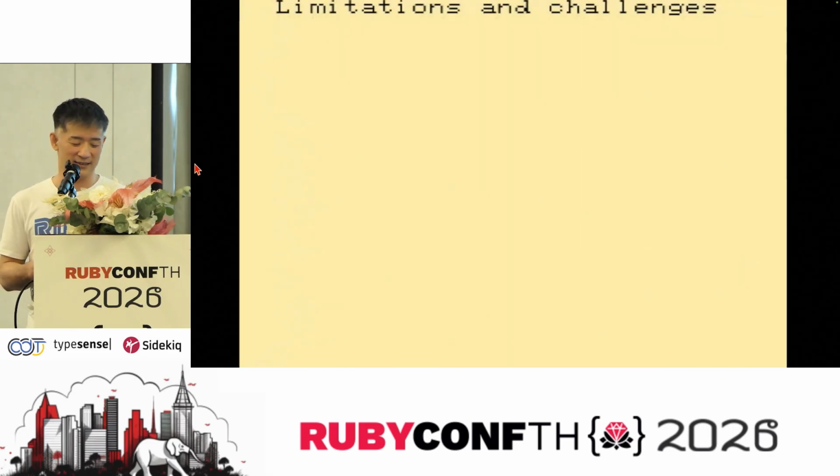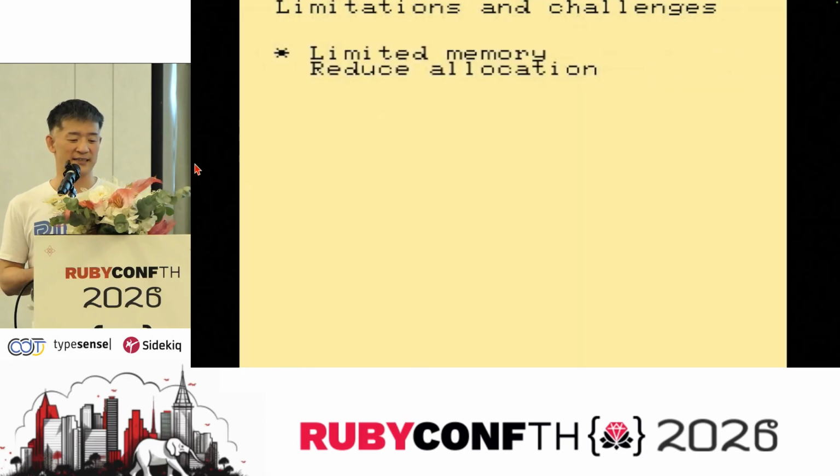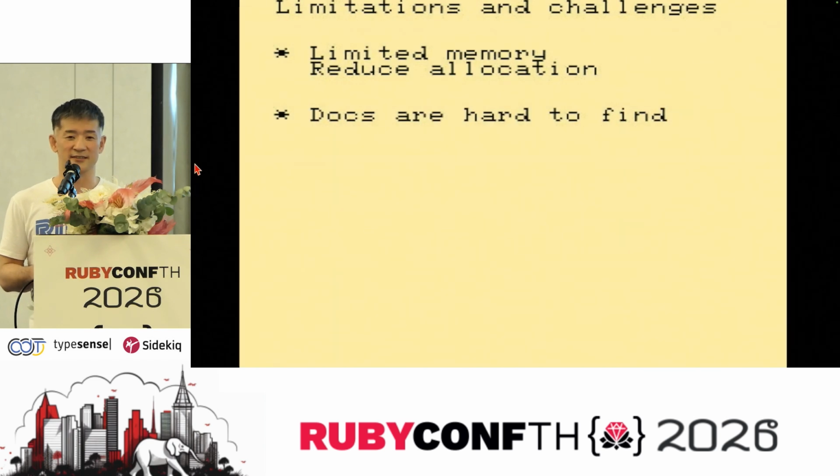And the limitations and challenges I encountered, well, memory limitation was a really big one. So I postponed support for features that need memory allocation. And also, partly because it's such an old processor with lots of things happening, I haven't been able to find a very good, comprehensive documentation collection.